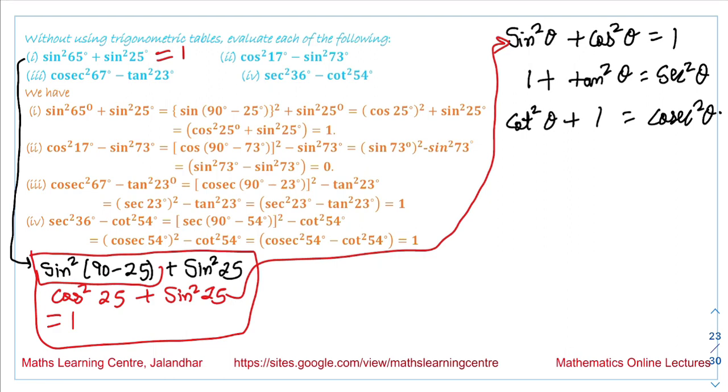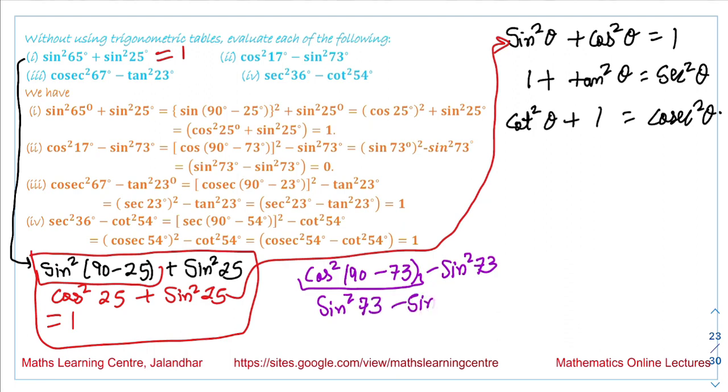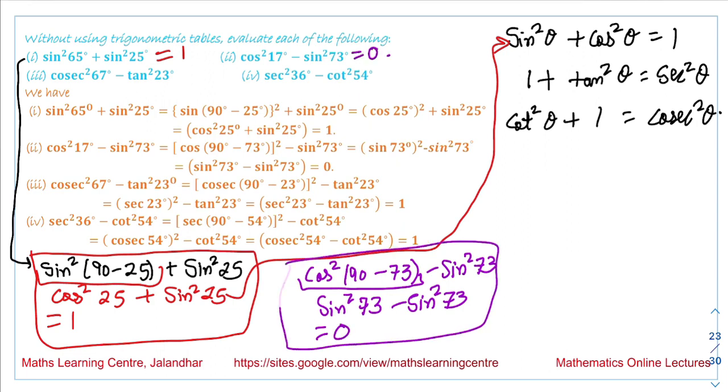Second, we have cos square of 90 minus 73 minus sine square 73. Cos of 90 minus theta is equal to sine theta, so it is sine square 73 minus sine square 73. So the answer we are getting for this second one is 0.